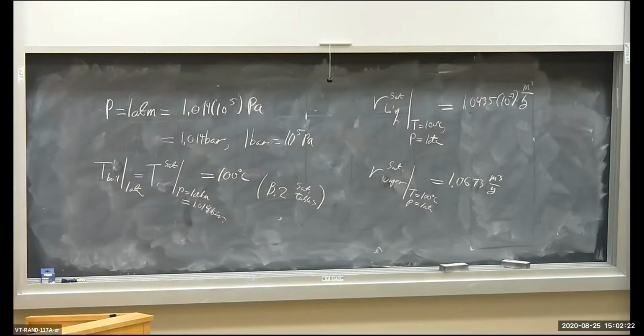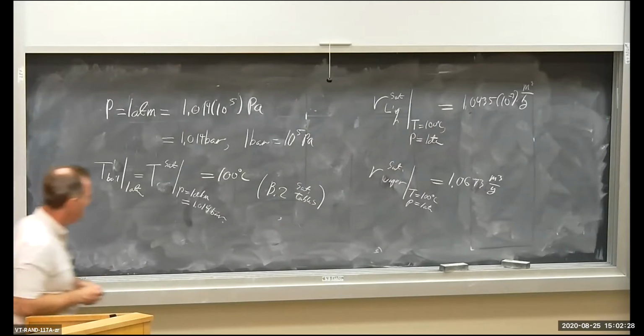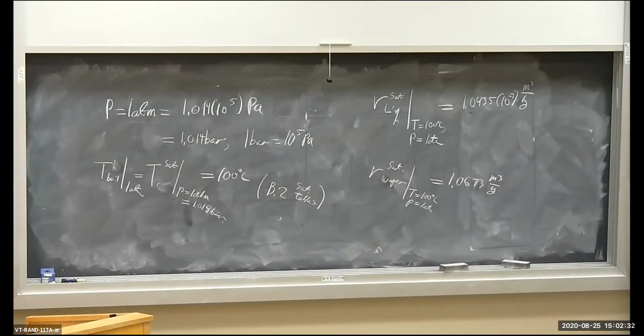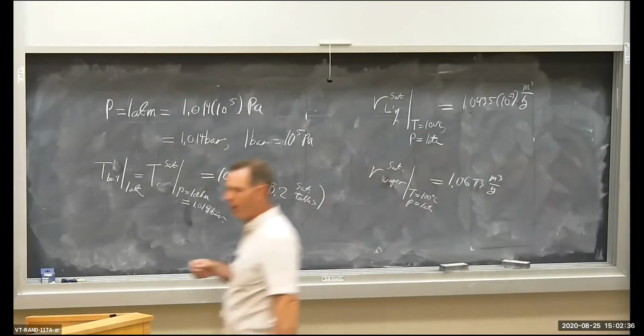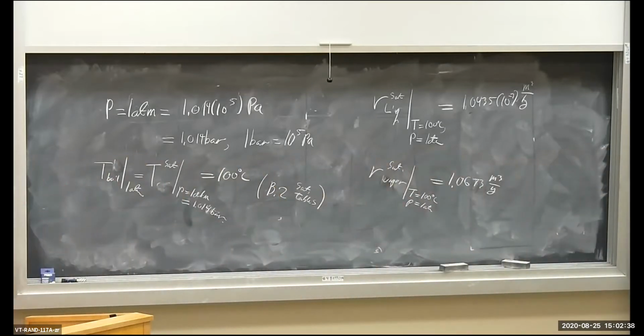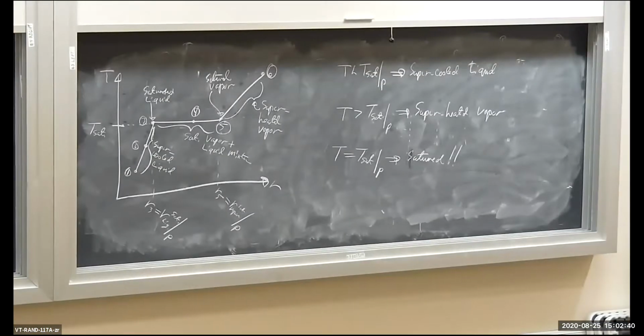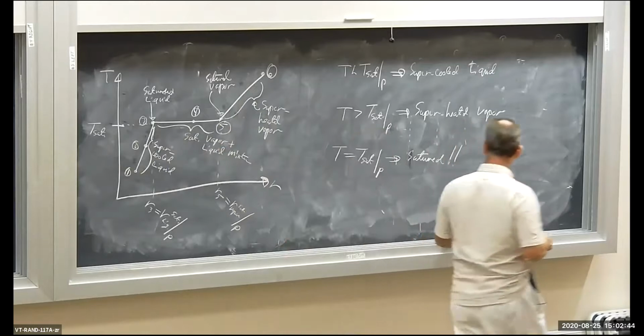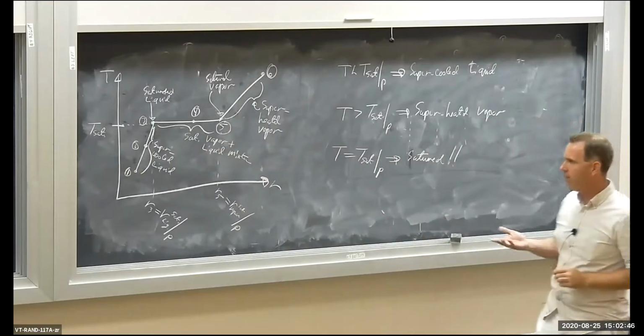We'll do an example involving these tables soon. Let's finish this off here, and then we'll do an example next time involving this stuff. Let's just finish off the material. So you can see on the right board, for a particular pressure, I heated up water. Started off as a saturated liquid.